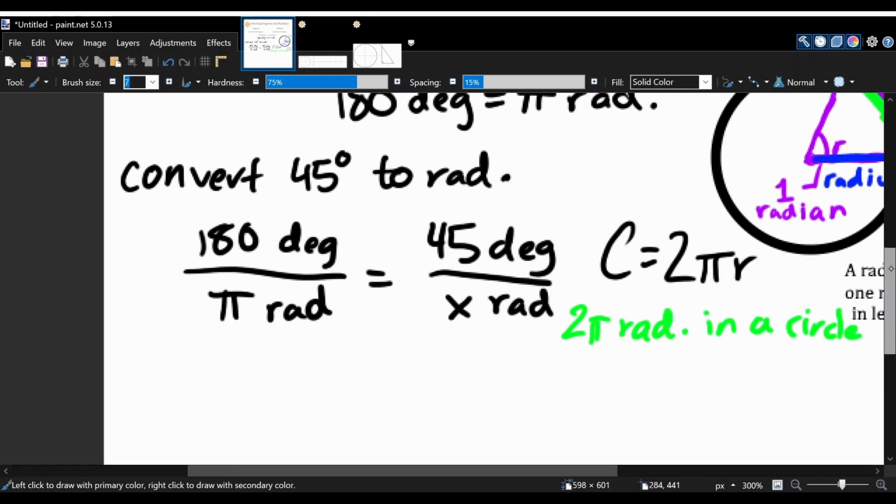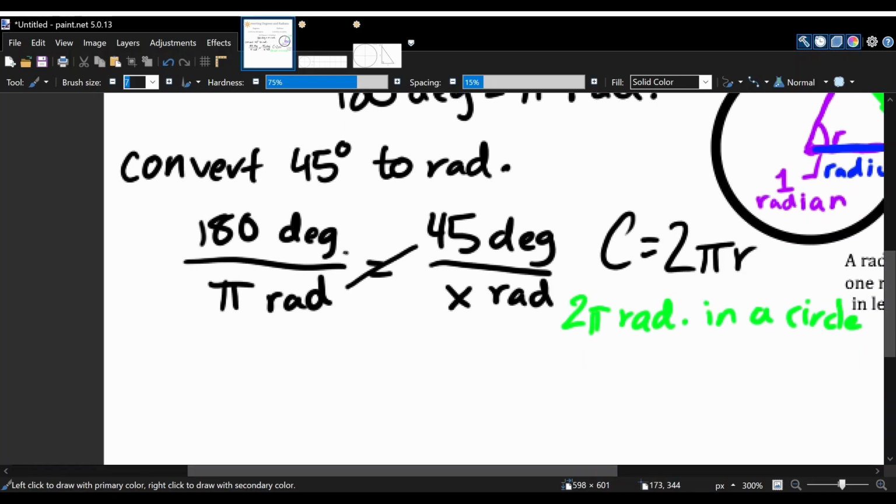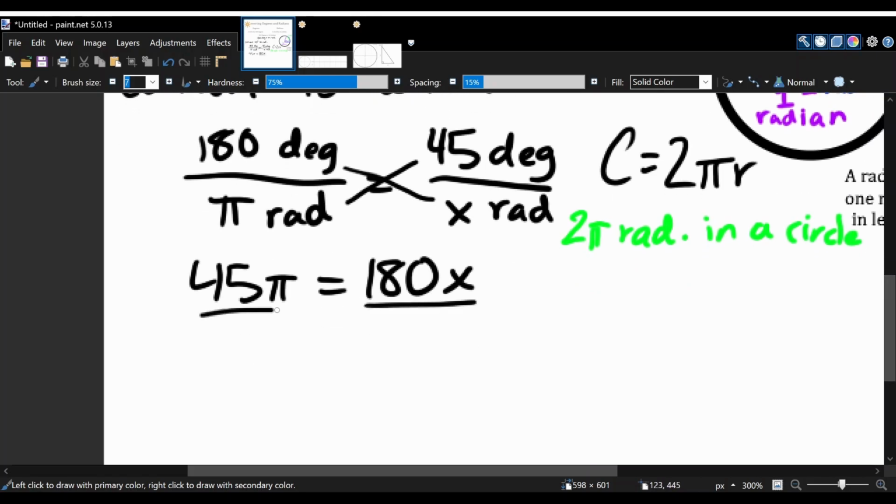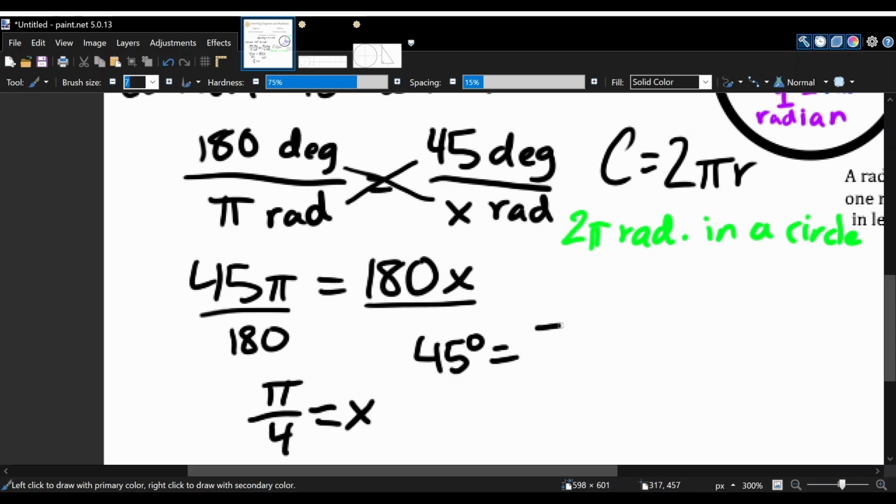And to solve for this, we can use cross multiplication and find that 45 pi is equal to 180x. And if you divide each side by 180, you can find that pi over 4 is equal to x. So 45 degrees is equal to pi over 4 radians.